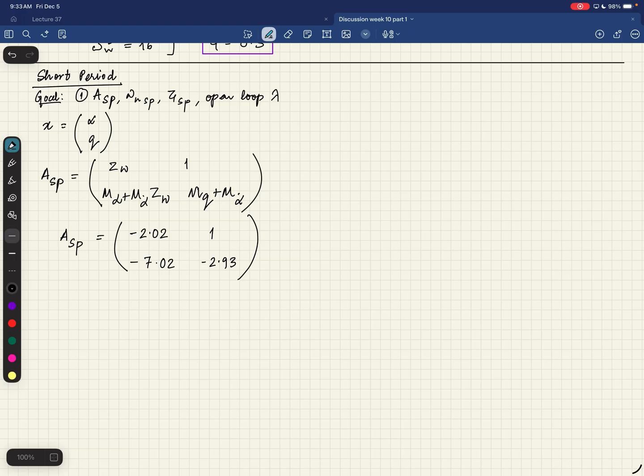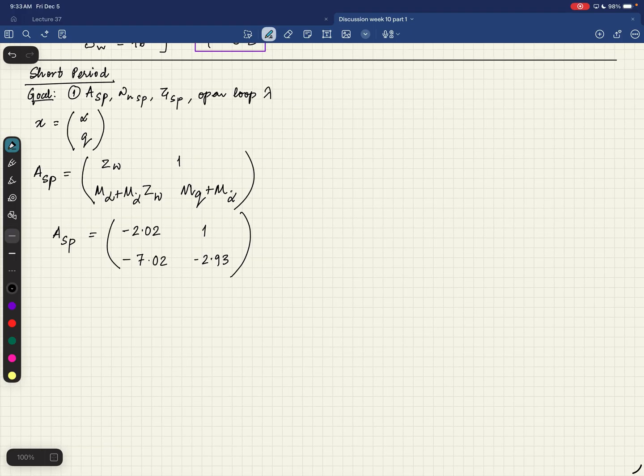You form the characteristic equation, which is nothing but the determinant of S times I minus A SP. So you're taking the determinant of S plus 2.02, minus 1, 7.02, S plus 2.93, and you equate this determinant to 0.